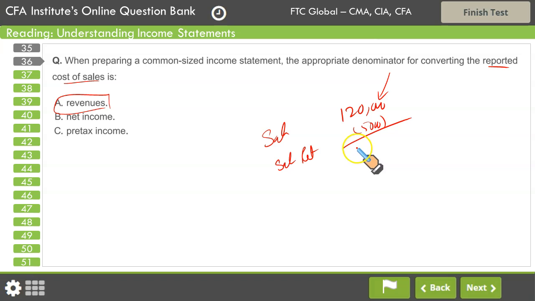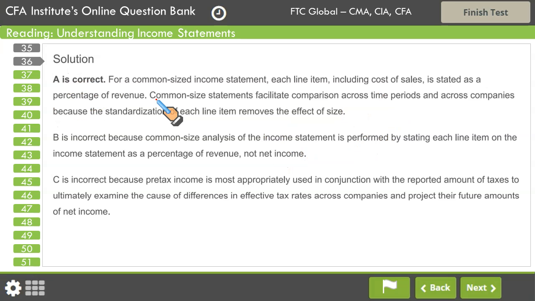You take net sales, $115,000, as your base. That you will use as a base to calculate your percentages. So I would say the appropriate denominator for converting the reported items of your income statement is the net revenue adjusted for returns and allowances for returns. So that makes A the correct option.